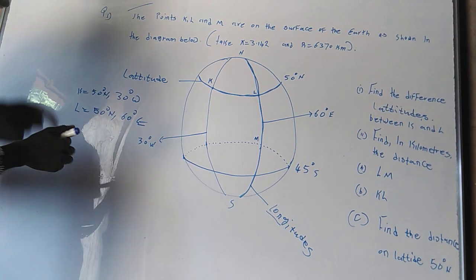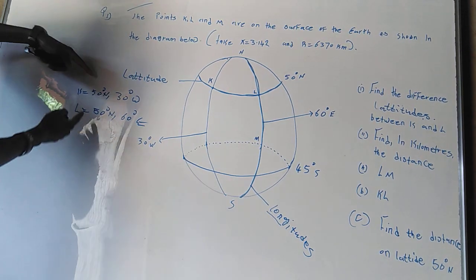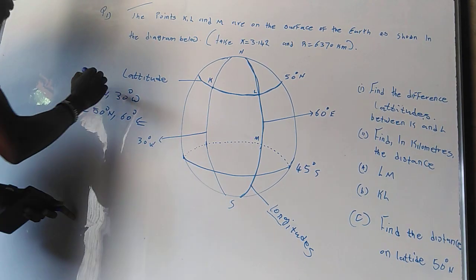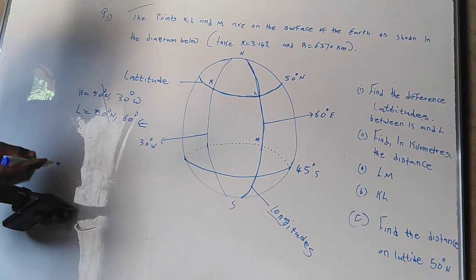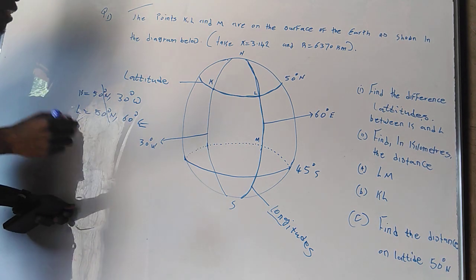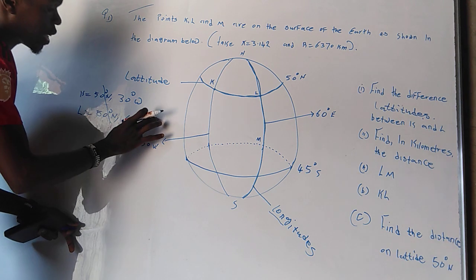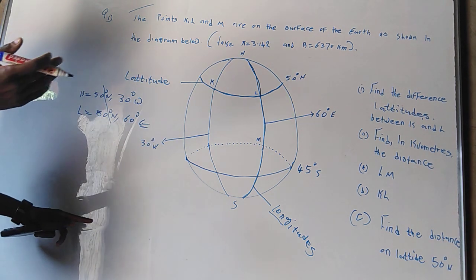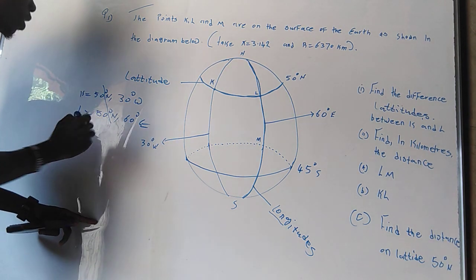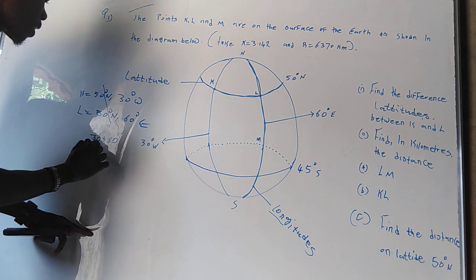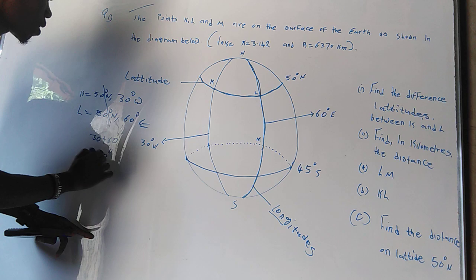If you are able to see, we have 50 degrees north and also 50 degrees north. If you have these, you cancel them, since they are matching. Then you add these ones which are not alike. That's the rule. So add the 30 plus the 60, and I come up with 90 degrees.